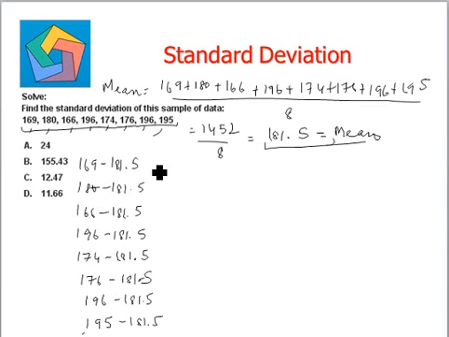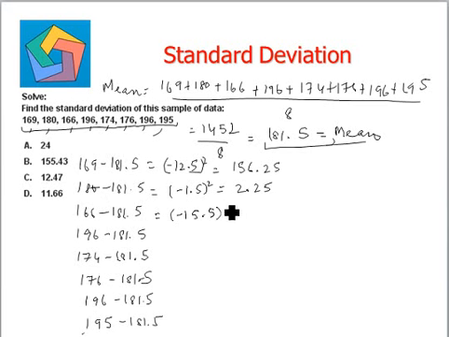That's correct. So the first difference is negative 12.5 and the square of this will be 156.25. Then the next one will be negative 1.5. Squaring it up we get 2.25. In the third one we have the difference as negative 15.5. Squared gives us 240.25. This difference when worked out will give us 14.5. Squared will give us 210.25.